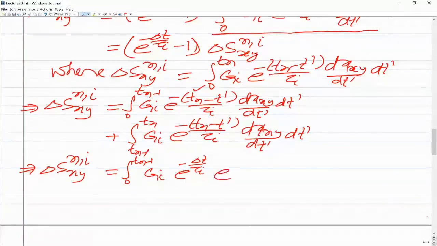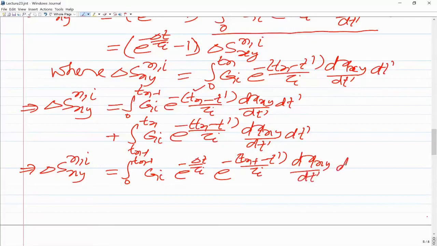So we will have e to the power minus (tn minus 1 minus t dash) upon tau i into d gamma xy by dt dash into dt dash.